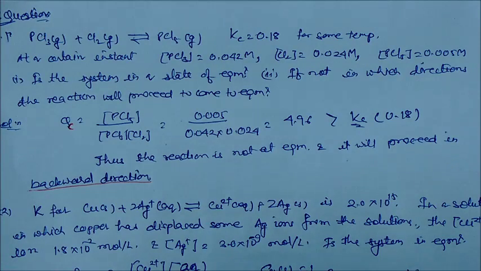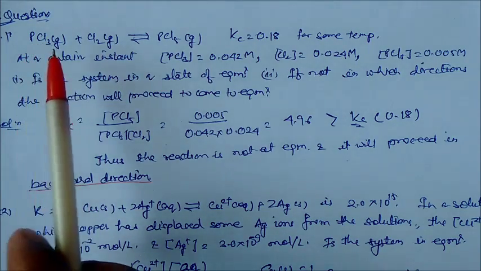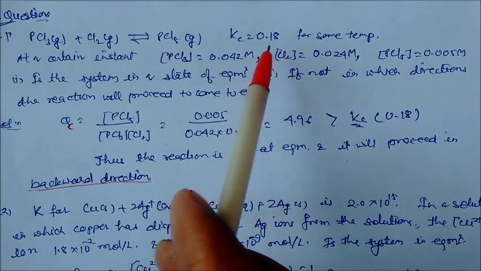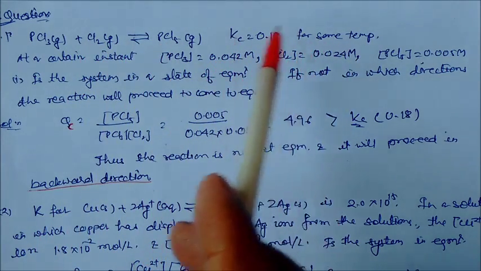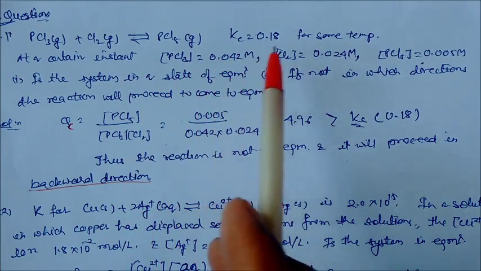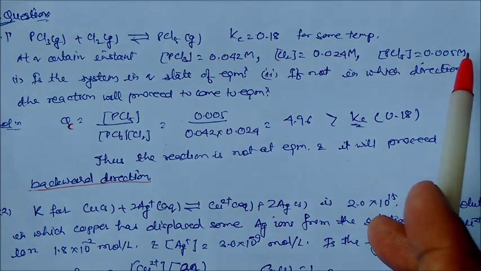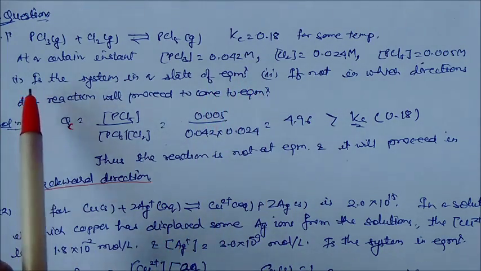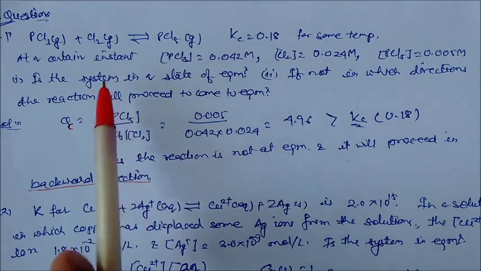Now we will see some questions based on the extent of reaction. This is the reaction of PCl3 and Cl2 giving PCl5. Kc is 0.18 at a certain temperature. At a certain instant, PCl3, Cl2 and PCl5 have these values. First question: is the system in a state of equilibrium?